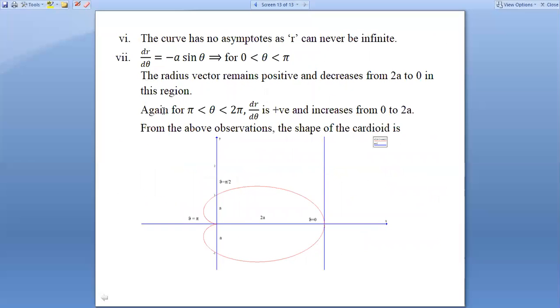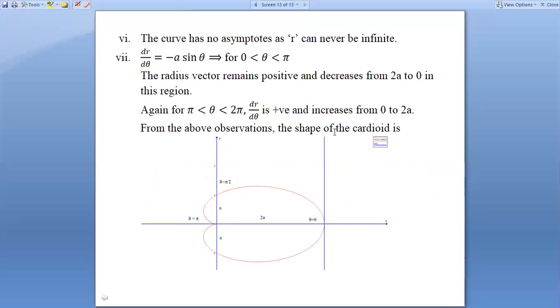Again, between pi and 2 pi, dr by d theta is positive because sine is negative in the region between pi and 2 pi, that is the third and the fourth quadrant. So dr by d theta is positive and so it increases from 0 to 2a.